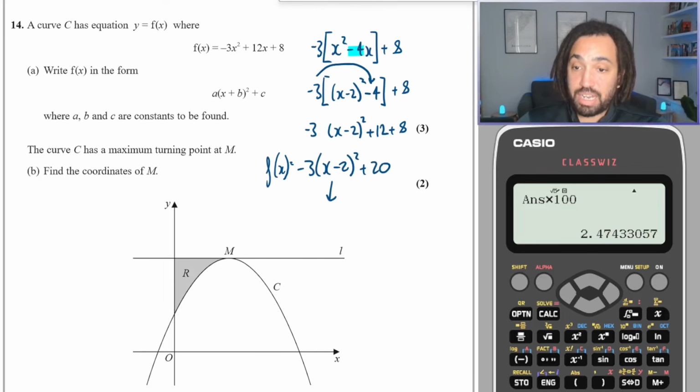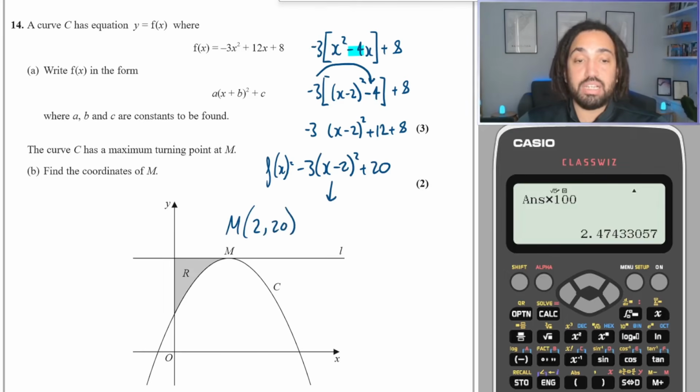So that happens when x equals 2. So M is the point (2, 20), and when that bracket is 0, we get 20 left over. Okay, great.